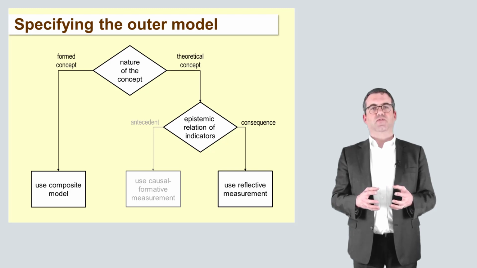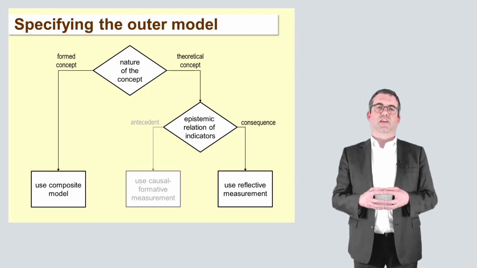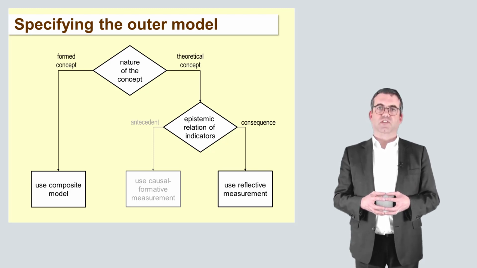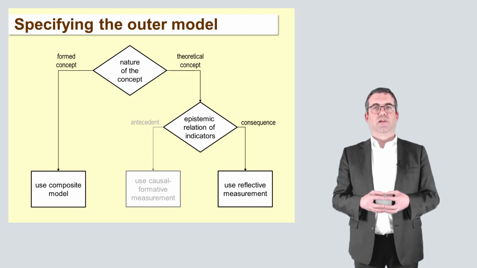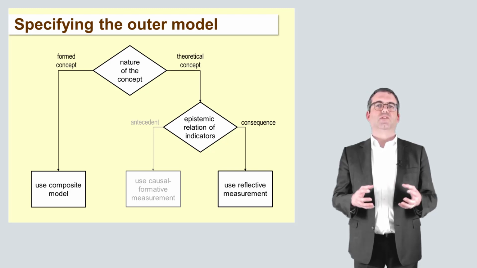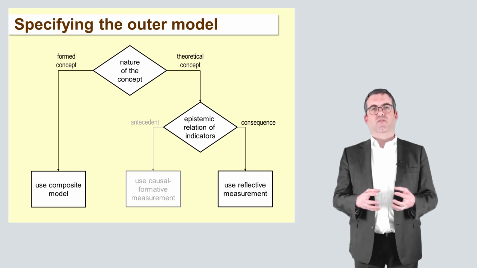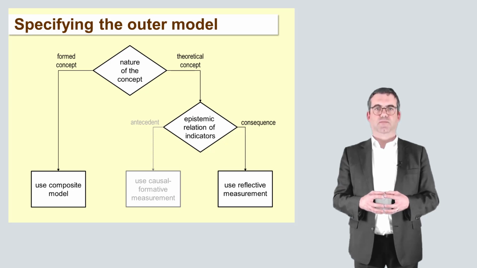If the indicators cause the latent variable, then we would have a so-called causal formative measurement. If the indicators are consequences of the latent variable, then we would use a reflective measurement model. Actually, the reflective measurement model is a sort of gold standard, and the causal formative measurement model always needs to be accompanied by a reflective measurement model. Therefore, the practical usefulness of causal formative measurement is somewhat limited.